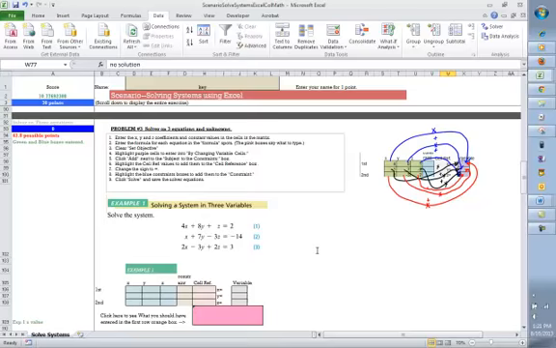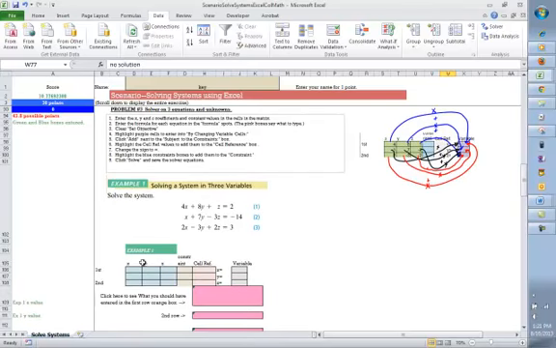Okay. You can do the same thing for a 3 by 3 matrix. 4, 8, 1, 2, 1, 7, -3, -14, and the last one is 2, -3, 2, 3. The problem is the cell references get pretty clunky.